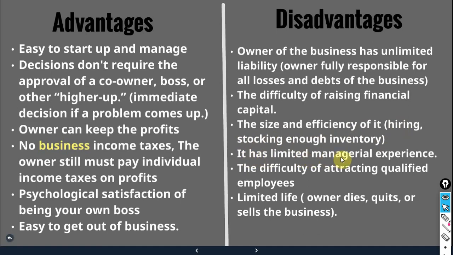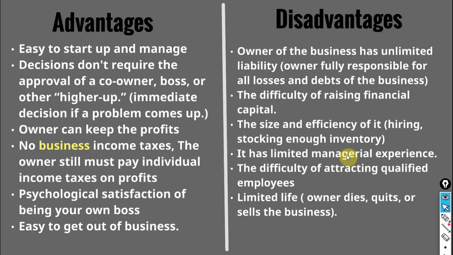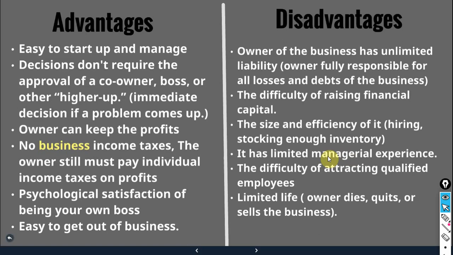It has limited managerial experience. It means the owner, if I want to open a restaurant, I don't have to be a cook. I don't have to have experience opening a restaurant. That's one of the disadvantages. The difficulty of attracting qualified employees.